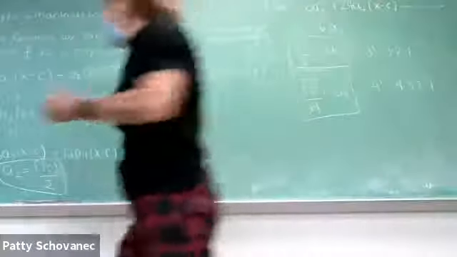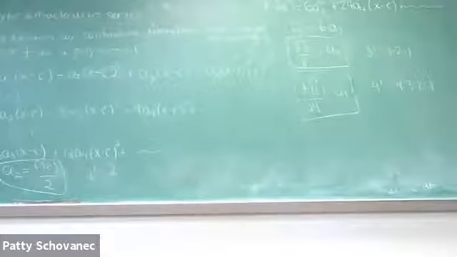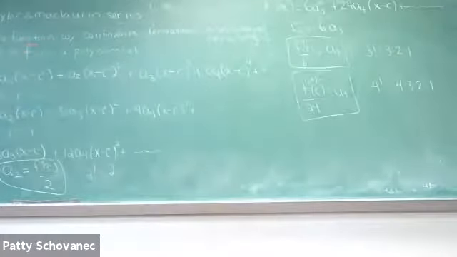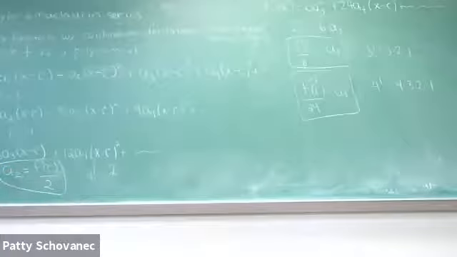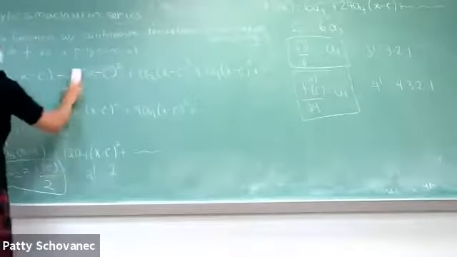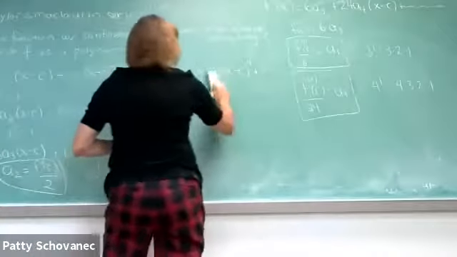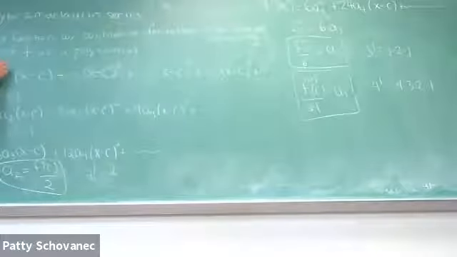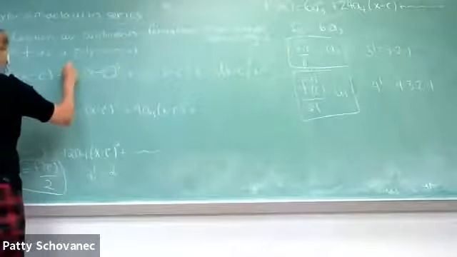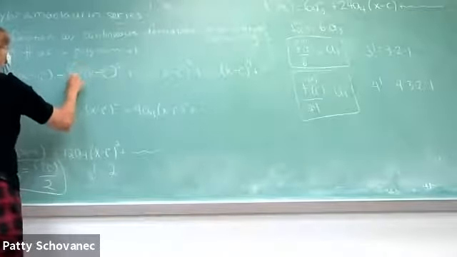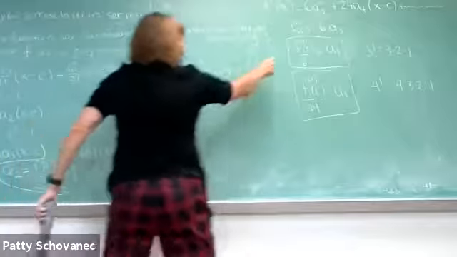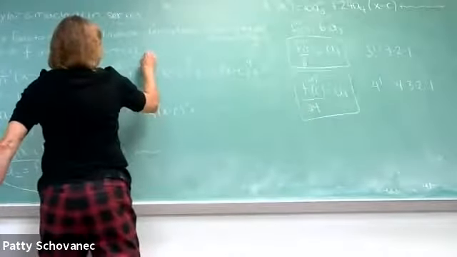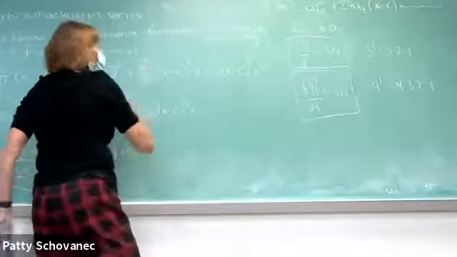It said if I want to write f as a polynomial, I replace these with what I just found them to be. So I'm going to go back there and erase them and fill them in. This one was f of c. This one was f prime of c divided by 1 factorial. A2 was f double prime of c divided by 2 factorial. A3 was f triple prime of c divided by 3 factorial.